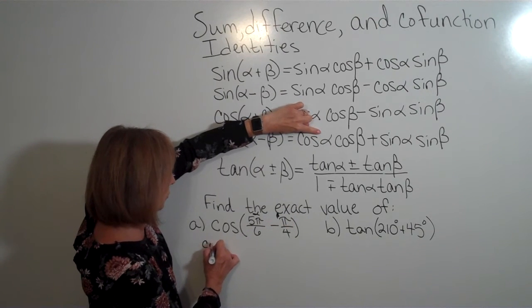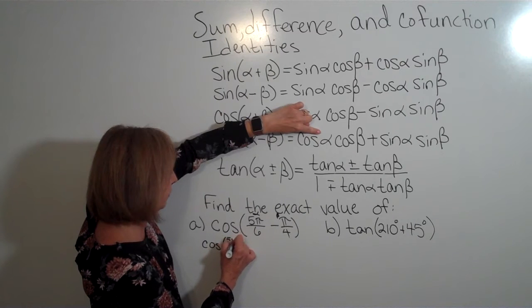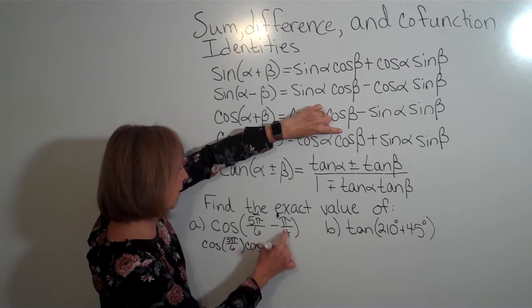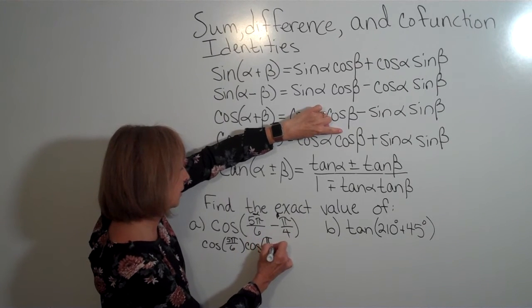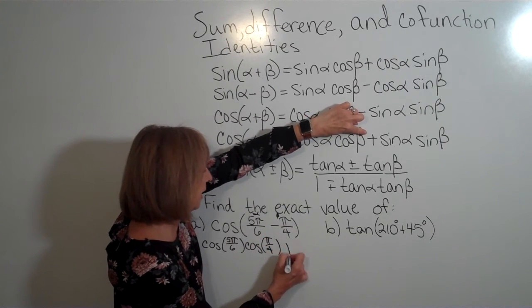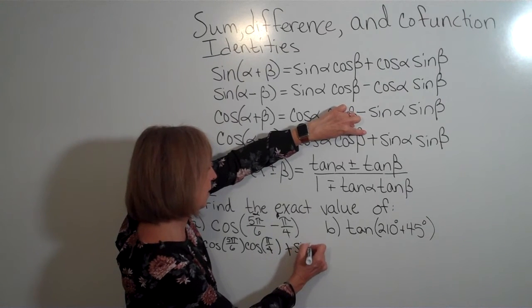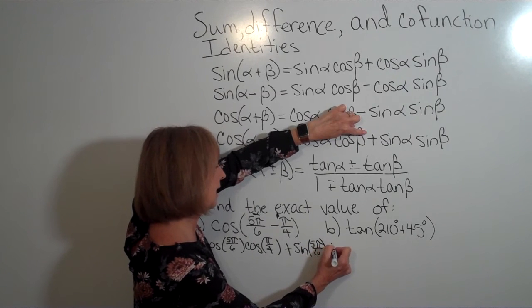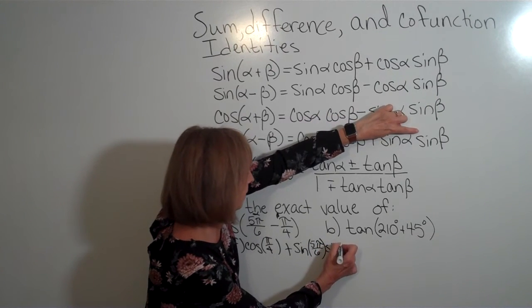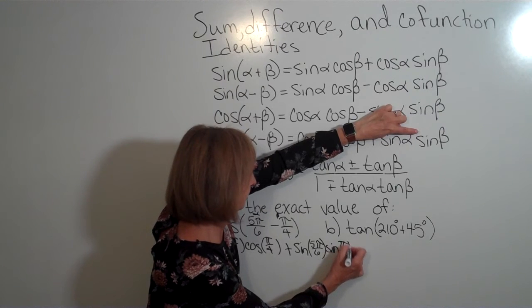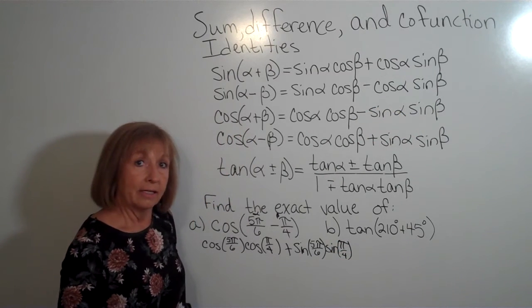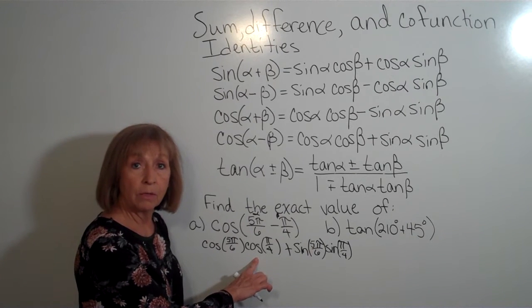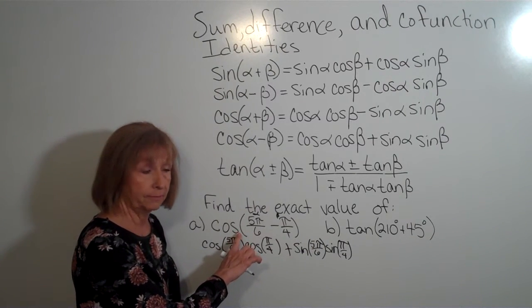So I'm going to go cosine of 5 pi over 6 times the cosine of pi over 4, and then plus sine of 5 pi over 6 times the sine of pi over 4. So this second expression that I wrote is equivalent to the original.